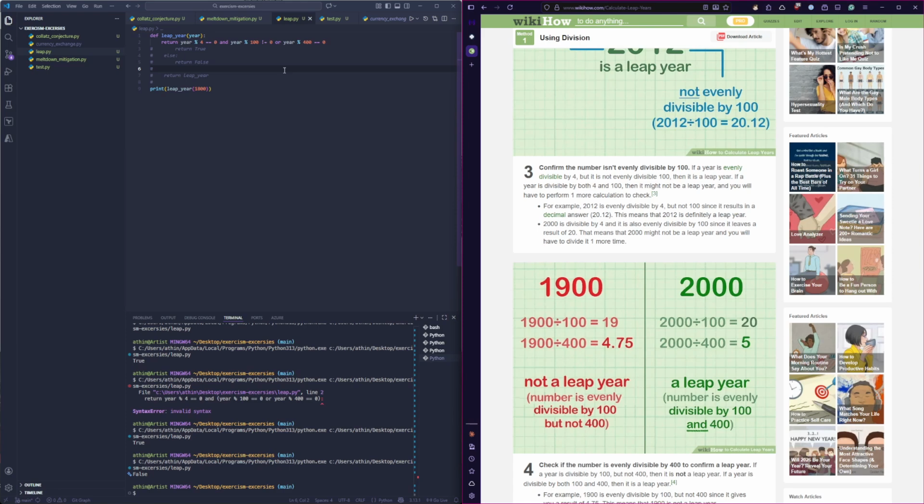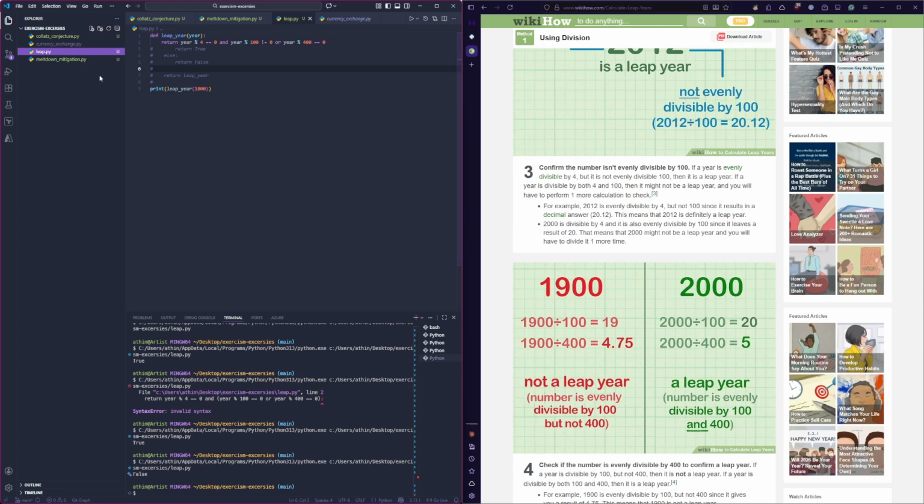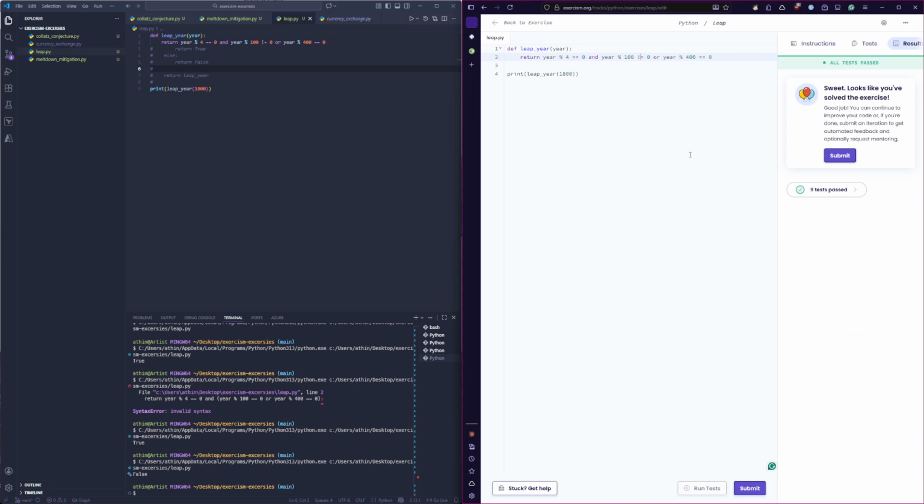So lesson learned. But I hope somebody got something out of this, honestly, because this was something else. Well, it wasn't that hard, because I knew what was going on, but I did not think about doing is not equal.